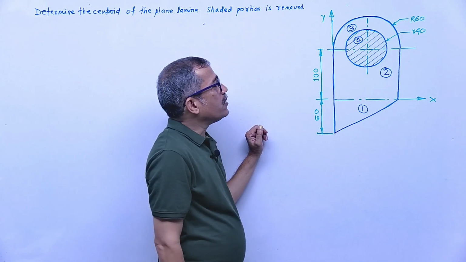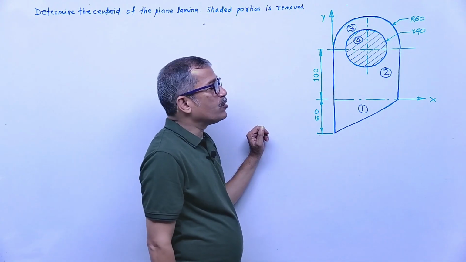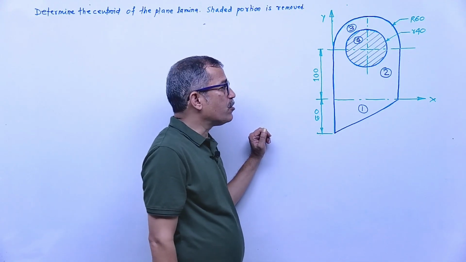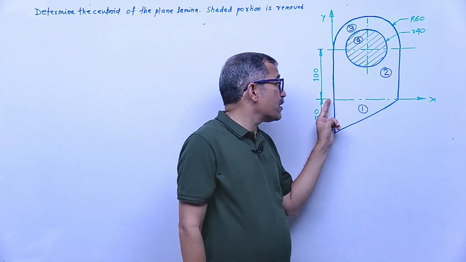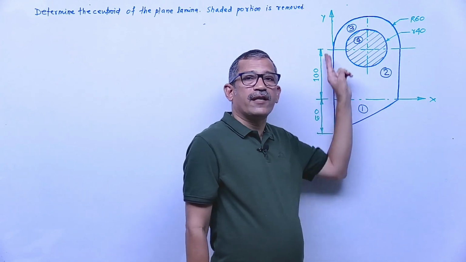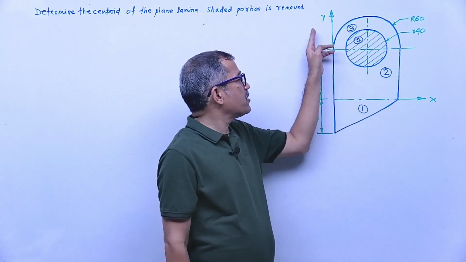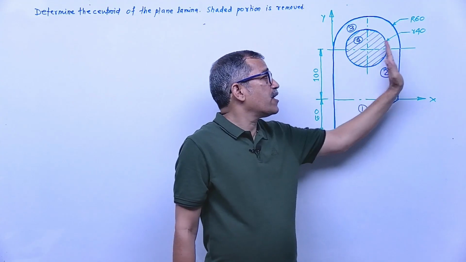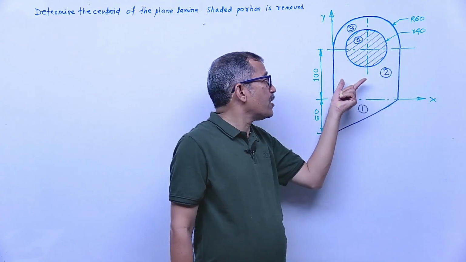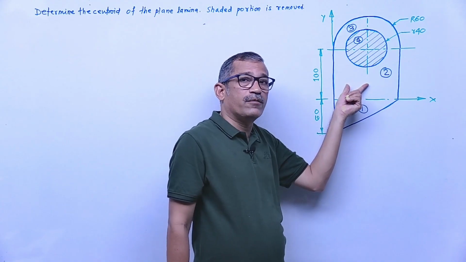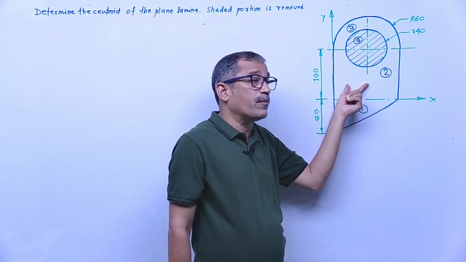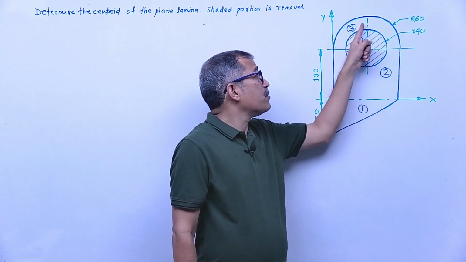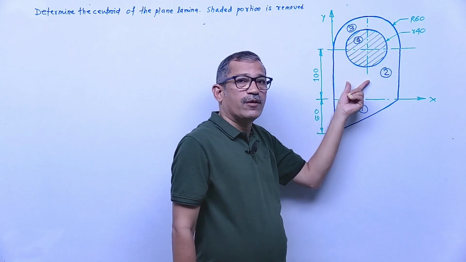Okay. Now one by one we will find the position of the centroid of each component. Important is the position of the x axis and y axis. With respect to x and y axis, this is your first quadrant, so all x and y are positive. Whenever the centroid lies in the first quadrant, x and y are positive. Means for the rectangle, semicircle and circular lamina, x, y positive.